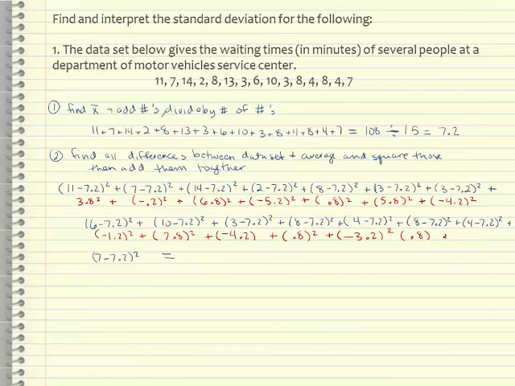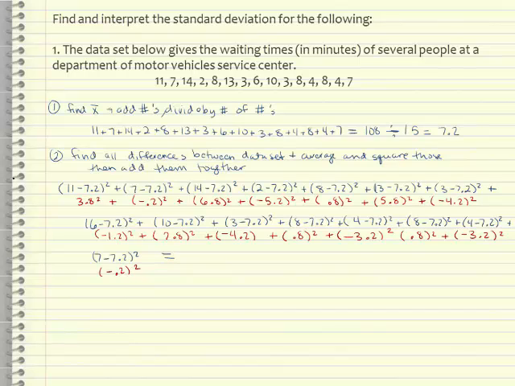I just did an 8 minus 7.2, and I just did a 4 minus 7.2, so I'll rewrite those. And then 7 minus 7.2 is negative 0.2. Now I'm going to go through and I'm going to square each of them.